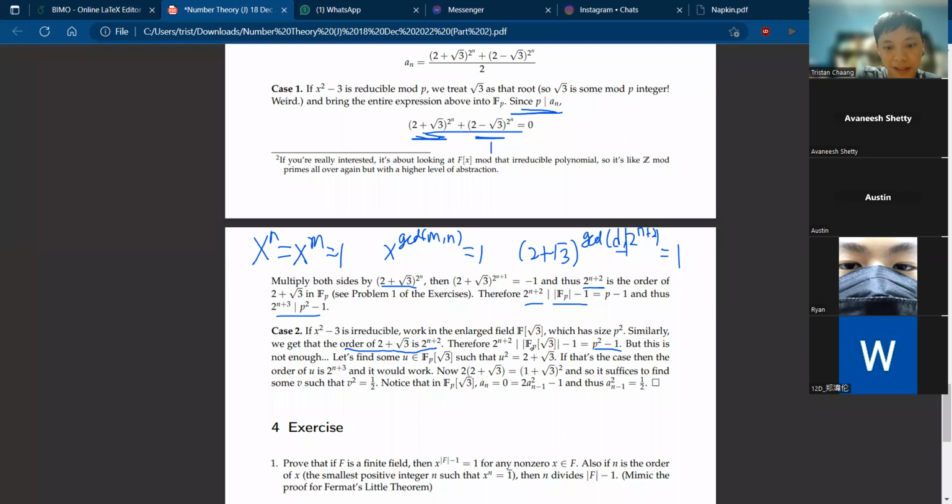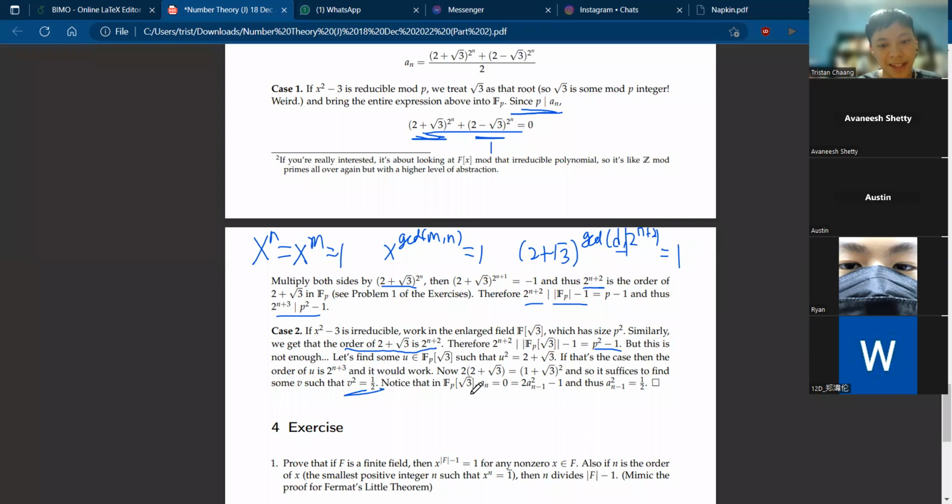This is how we do it. Notice that 4 plus 2 square root 3 is (1 plus square root 3) squared. So if you want to find the square root of 2 plus square root 3, we have to find the square root of 2, or square root of 1 over 2, that's also fine.